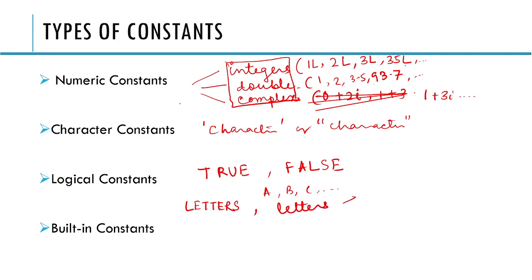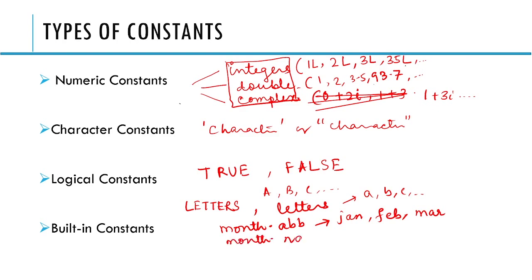That means it will print a, b, c and so on. If we print month.abb, that means abbreviated months will be printed, like Jan, Feb, Mar for March. Similarly, month.name will give the full names like January, February and so on.